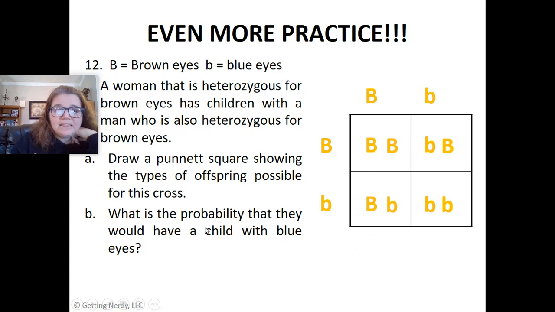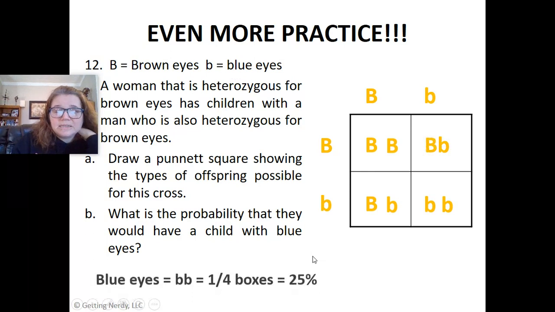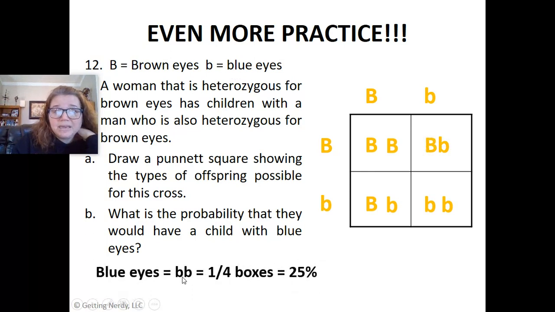What's the probability that the child will have blue eyes? You have to ask yourself, blue eyes will only show if you have both recessive genes. Those recessive genes are going to be lowercase b, and here only one of those 4 boxes will have that recessive gene show, that phenotype show. So it's only 25% of those boxes that have a possibility of having a child that has blue eyes.